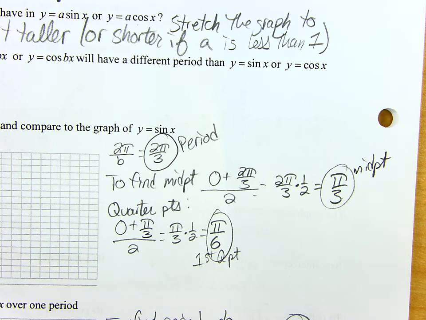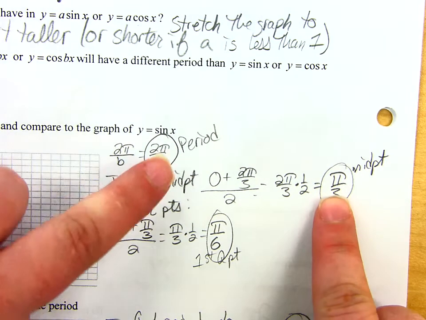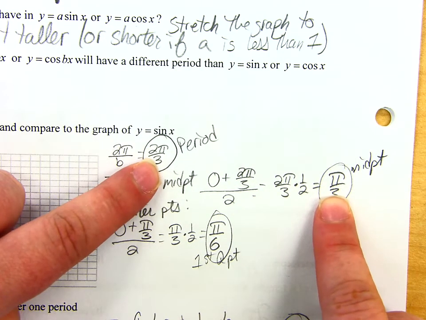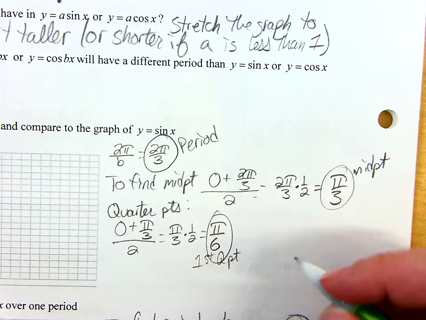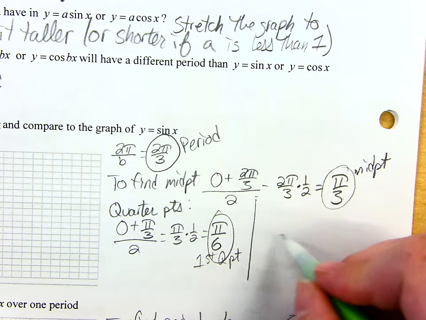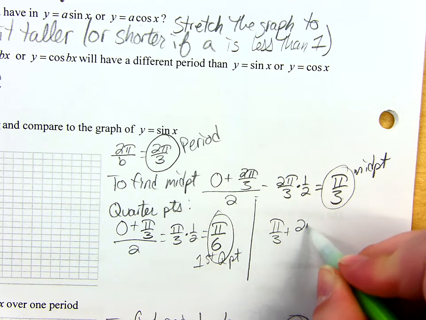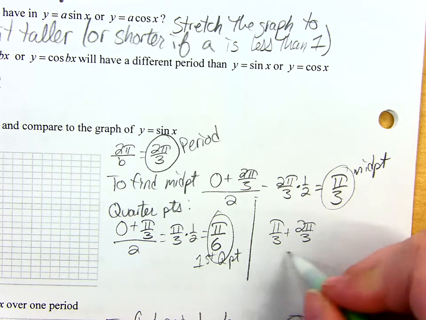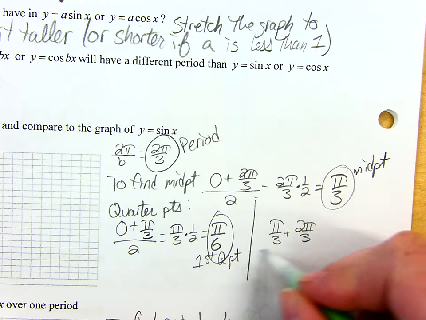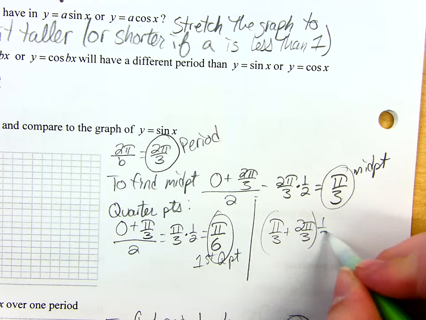And then I just have to do it one more time from the midpoint to my end point, the full period. I want halfway between those two numbers. So I'm going to add them together, pi over 3 plus 2 pi over 3, and I want to take half of that, right? Divide by 2, or I'll just multiply by a half like that.